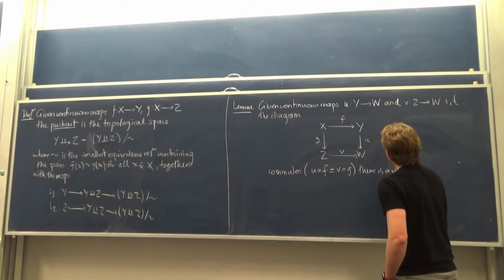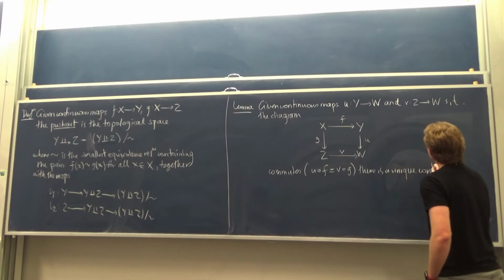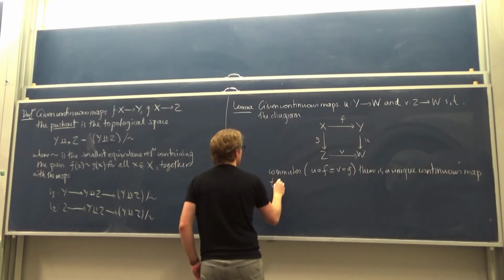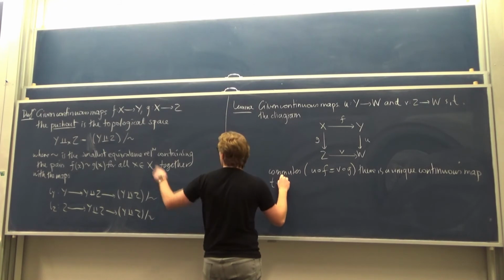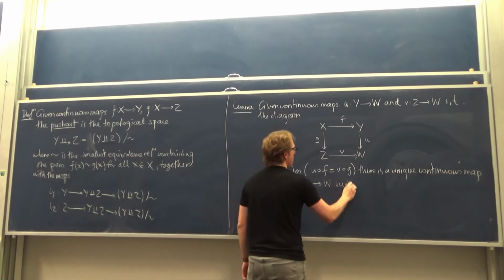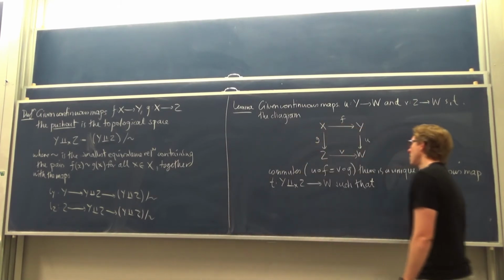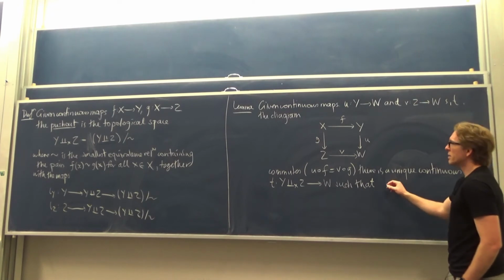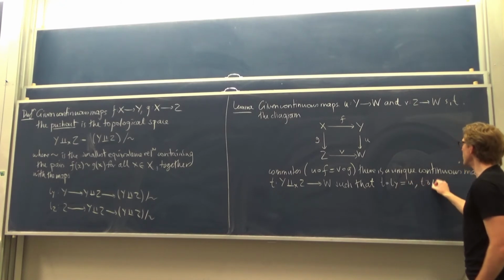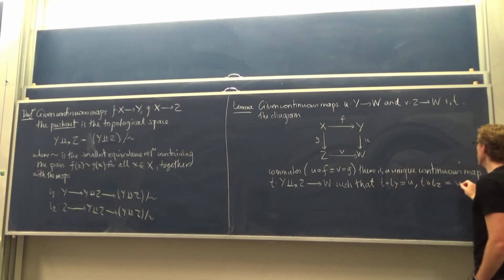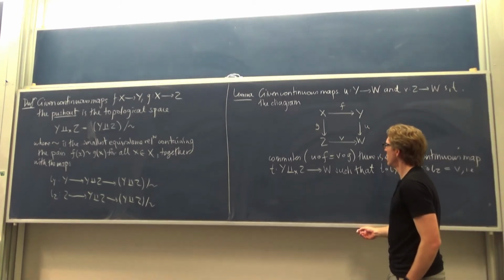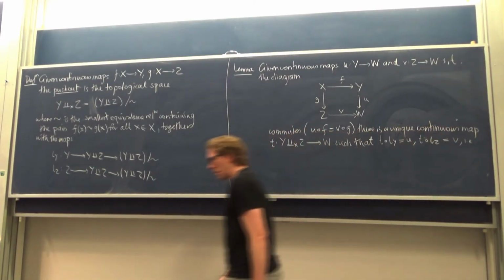There is a unique continuous map, let's call it T, from this space such that T after iota Y is equal to U and T after iota Z is equal to V, i.e. the following diagram commutes.